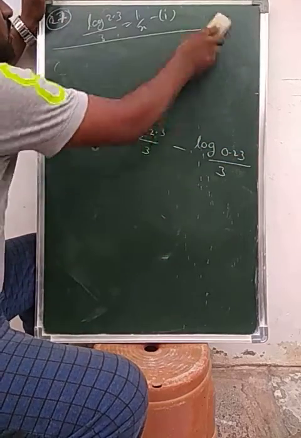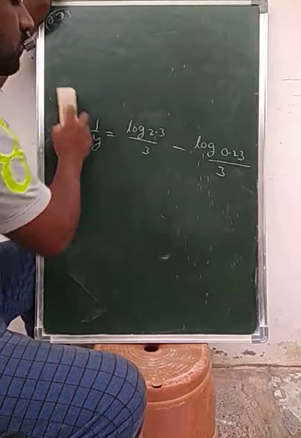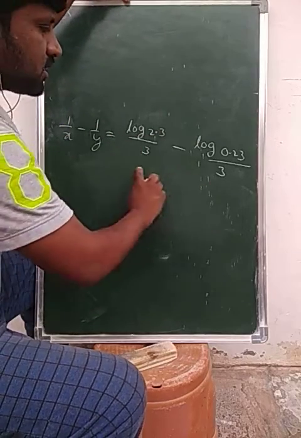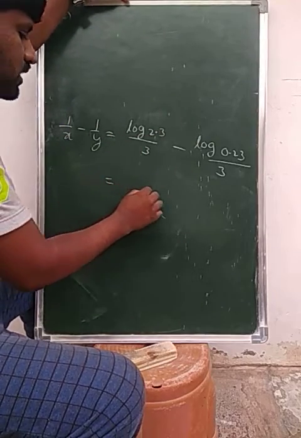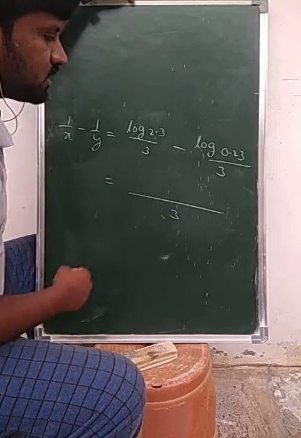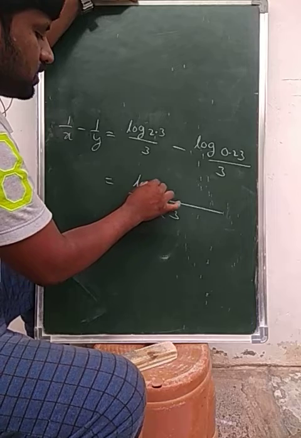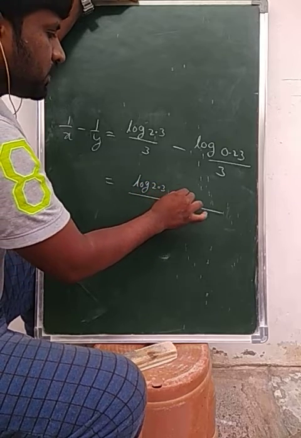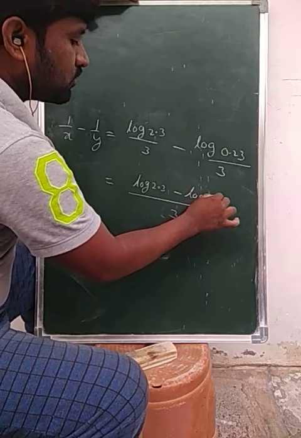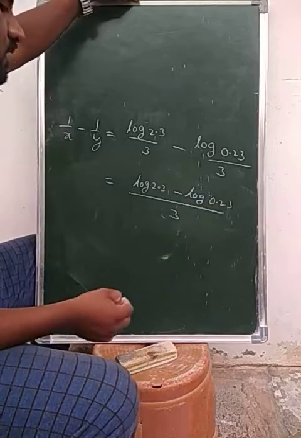Now clearly you just see, denominators are same. Then we can write the numerators: log of 2.3 minus log of 0.23.